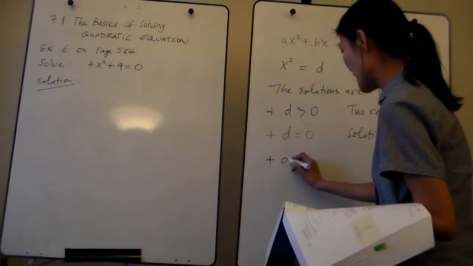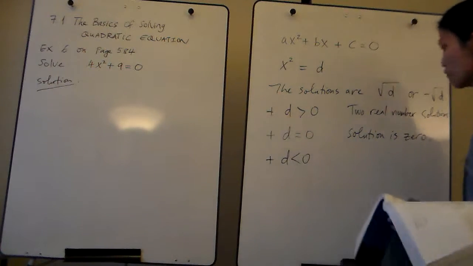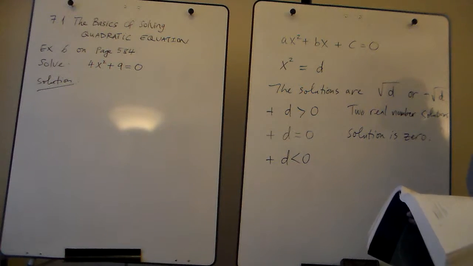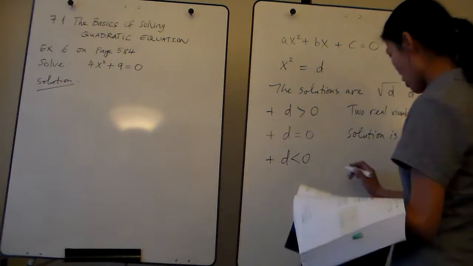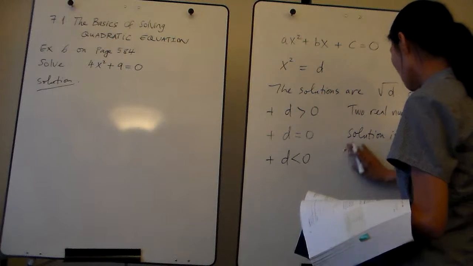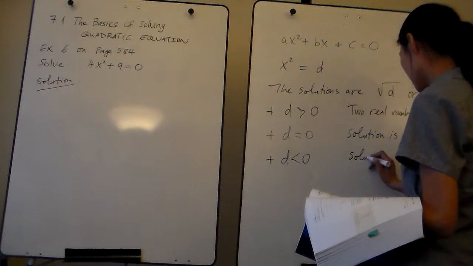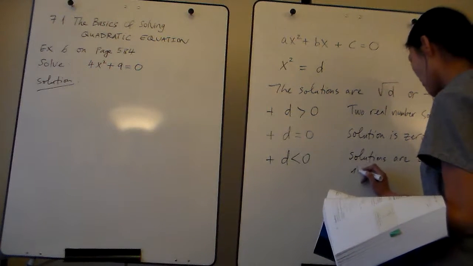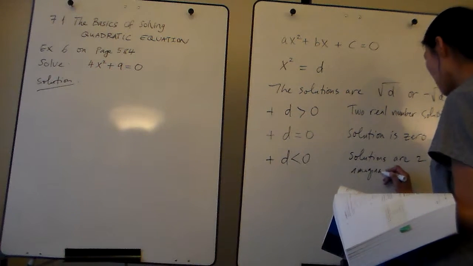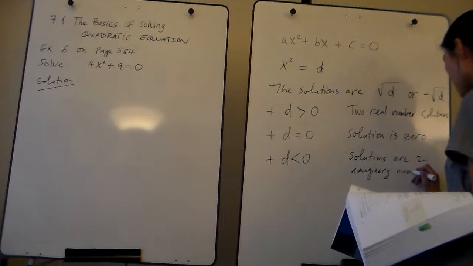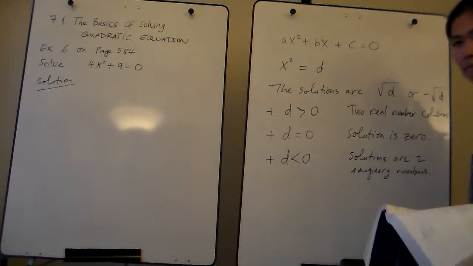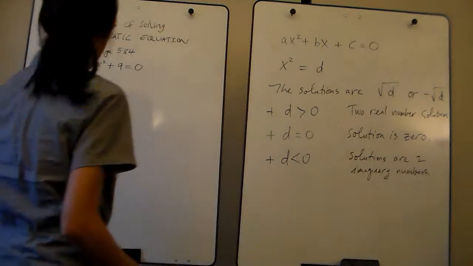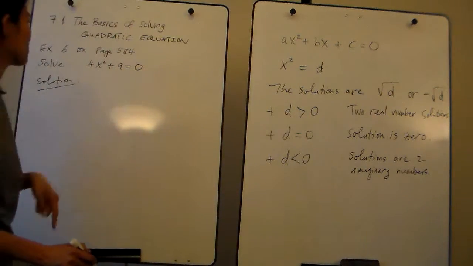And the last one is when d is negative: you would have two solutions, and the two solutions are two imaginary numbers.